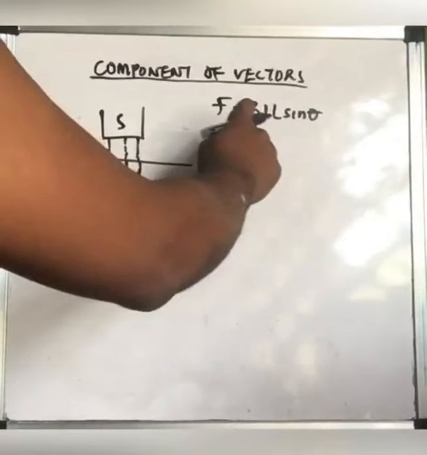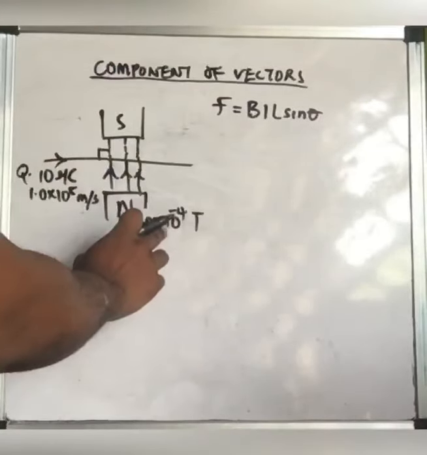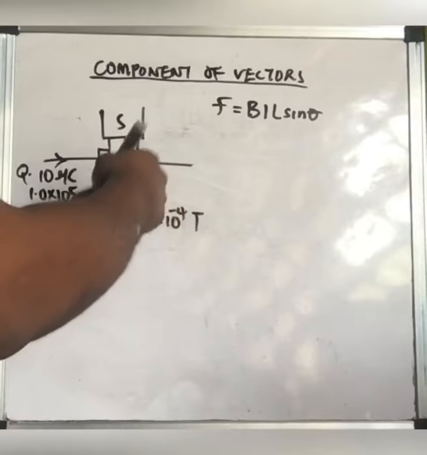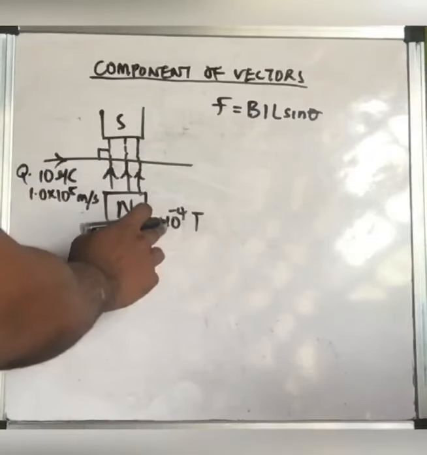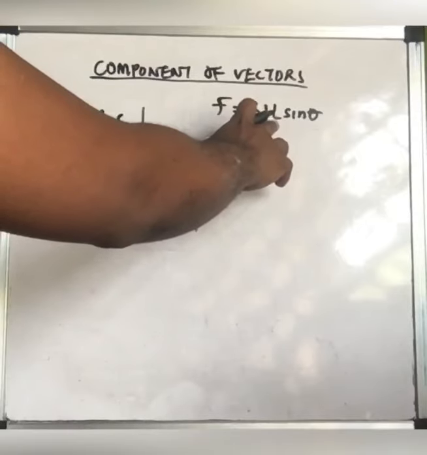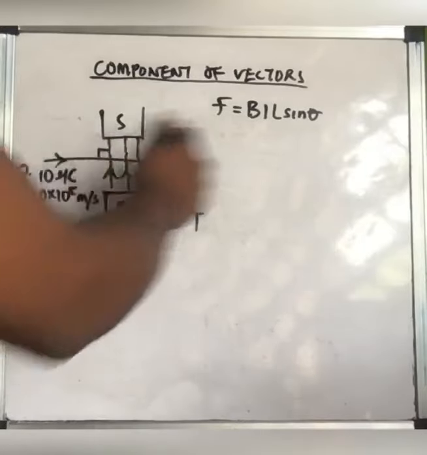So we'll do some derivations here. We have our magnetic flux density, also called magnetic field induction. So B is given to us. We don't have our I, we don't have our L. Instead, we're given charge and velocity.